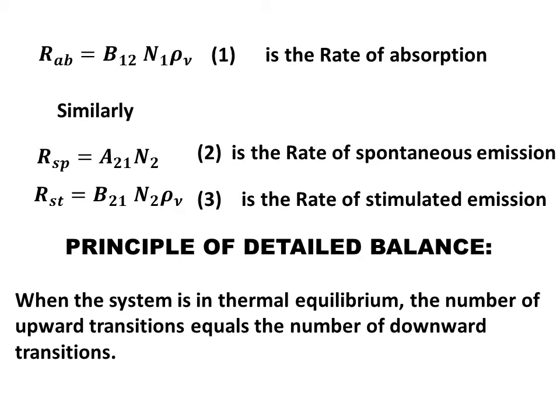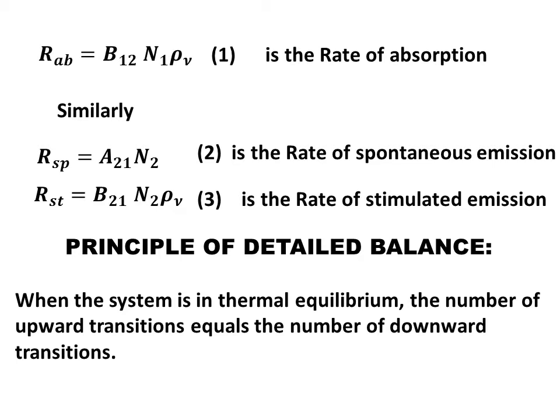So we have got three types of transition between the levels E1 and E2. But when the system is in equilibrium at a given temperature, which we term thermal equilibrium, the population in any level will not change. That principle is called the principle of detailed balance.